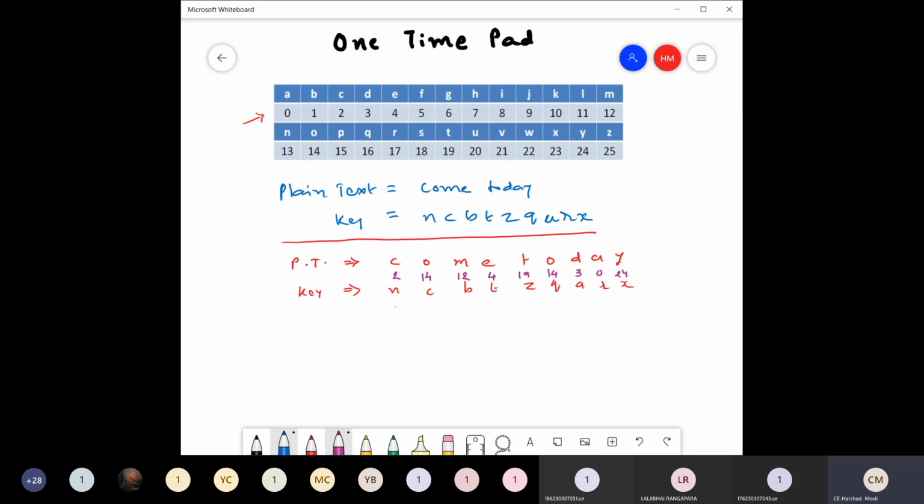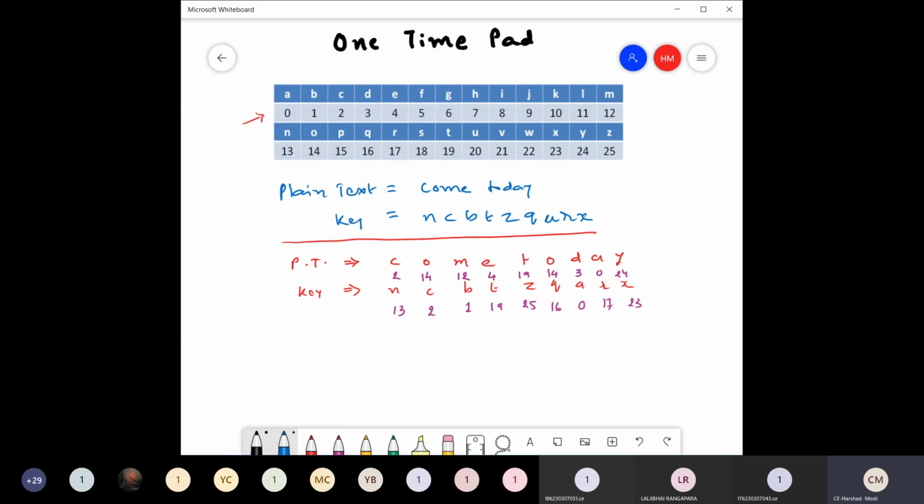For the key, N means 13, C means 2, B 1, T 19, Z 25, Q 16, A 0, R 17 and X 23.